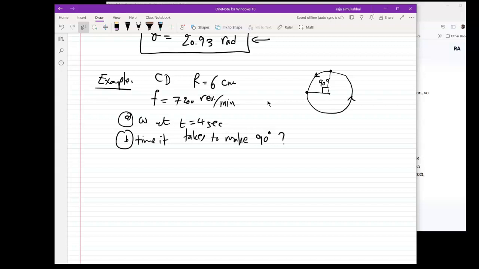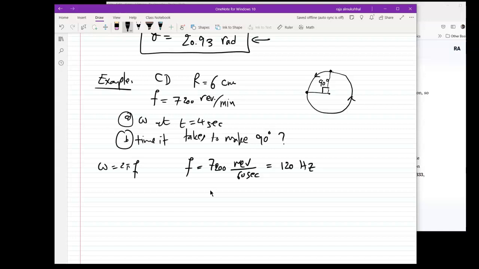So how do we do this problem? Simple. We know that omega is equal to 2 pi f. I need to find the frequency, and the proper unit has to be hertz. So that's 7,200 revolutions per 60 seconds. I can get that quickly: 7,200 divided by 60 is equal to 120 hertz.